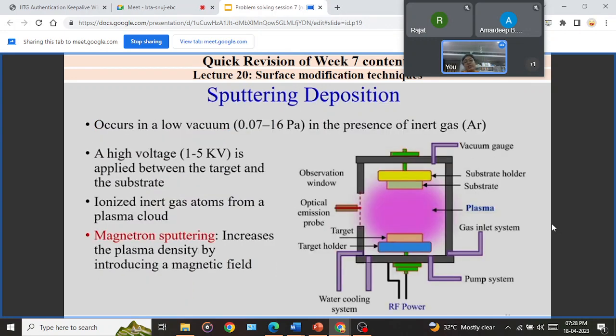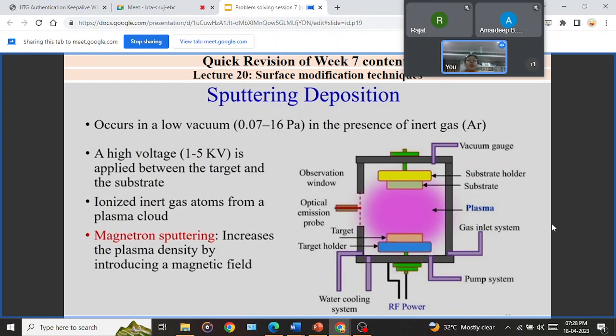So in case of sputtering deposition, again we have this target and a target holder. The target will consist of, suppose, hydroxyapatite, and the substrate or the substrate holder. The substrate will be your titanium, right? So what happens is, this occurs in a low vacuum, that is 0.07 to 16 Pascal, in presence of an inert gas like argon.